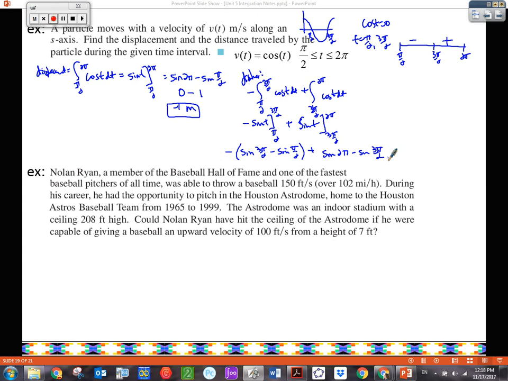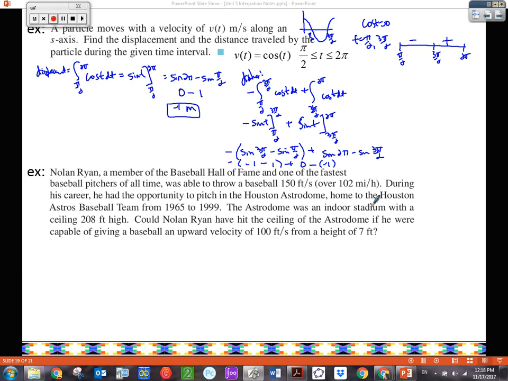Okay, so now let's do our unit circle values. So we know sine at 3 pi over 2 is -1, and sine at pi over 2 is 1. Okay, sine of 2 pi is 0, and sine of 3 pi over 2 is -1. Okay, so we do that arithmetic.